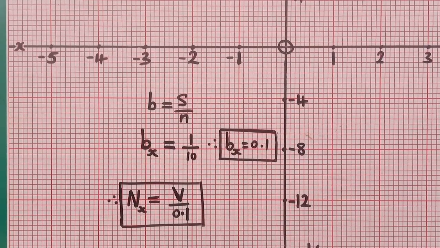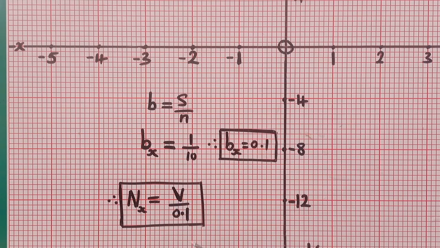Let's continue. Now that the value of 1 small box is known, go back to the formula for locating tabular values and replace the b with 0.1. That gives us nx is equal to v over 0.1. b used to be here. Why x here? The same reason why x was introduced here is why it is introduced at this point. We are counting the number of small boxes to locate a value.